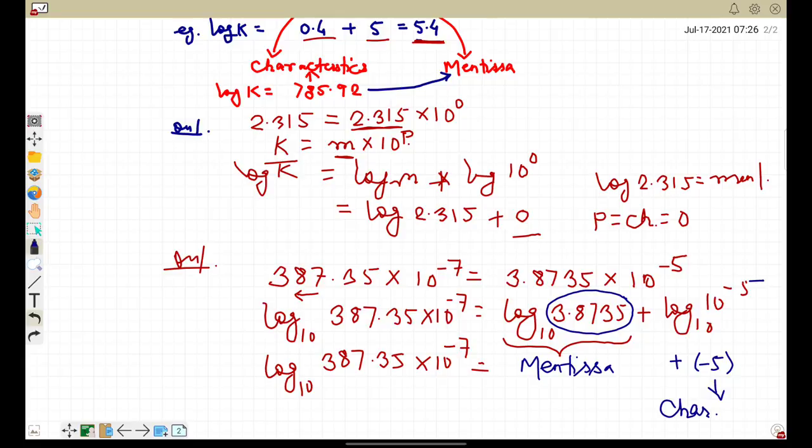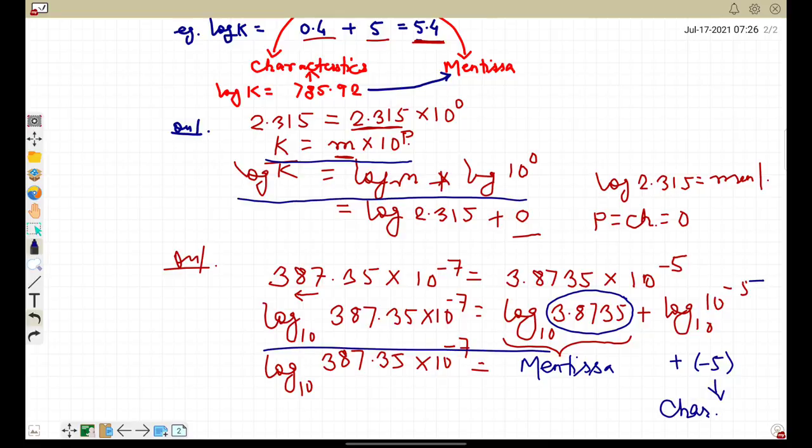For this, sometimes you use some formula like total number, decimal, minus 1. I think these are not proper methods because you get confused with this type of method. So easily follow simple steps. First write the number in the form m into 10 raised to the power p. In second step, take log on both sides.